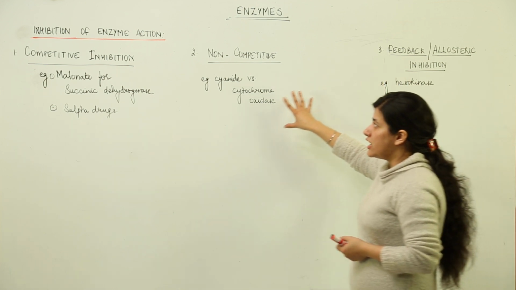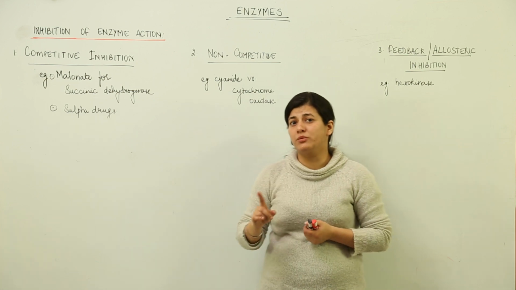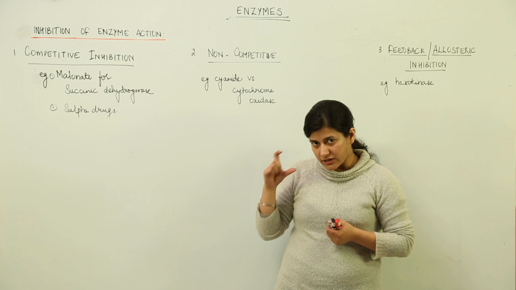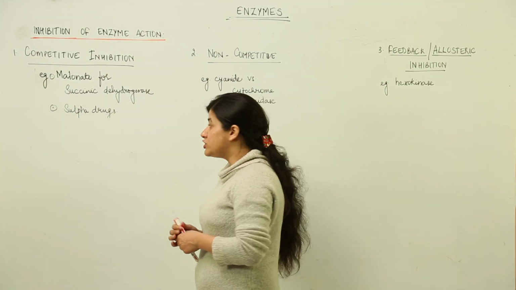Now please pay attention: apart from these three types of inhibition, the one which is predominantly responsible for bringing enzyme action to a condition where the enzyme is not working at all is denaturation. That is the most important thing.